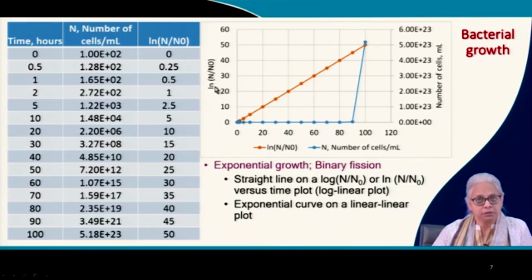This is natural log, or you can write log base 10, either way. This is what we call the exponential growth phase. It's by binary fission. You get a straight line on a log N by N0 plot, or on a natural log N by N0 plot. So this is a log-linear plot which will give you a straight line, and on a linear plot it's very difficult to look at because your numbers are very high.